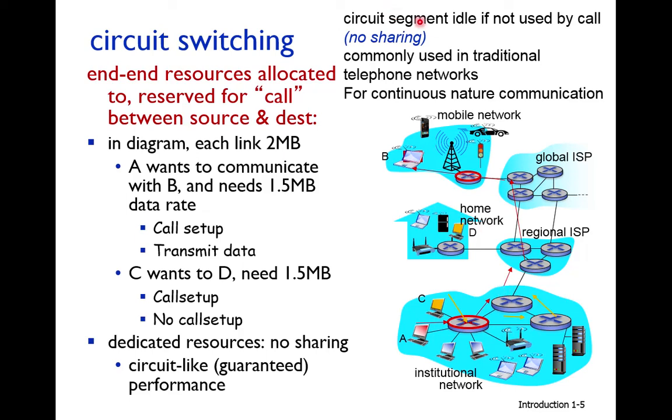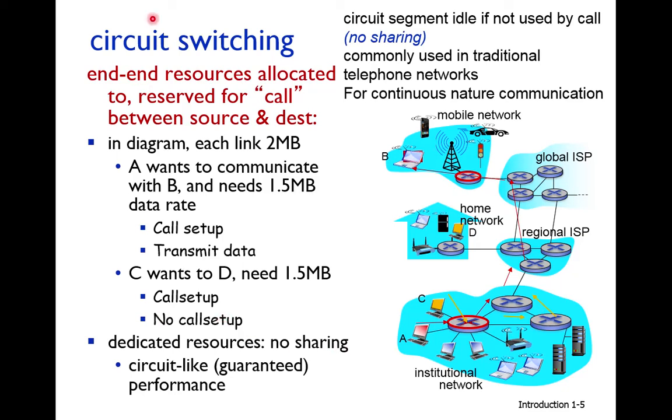So the circuit segment is idle if not used by a call. Although this link is reserved for A to B, A and B are not sending data, so it will be idle, but it is reserved. Reserved means that it cannot be allocated to anyone else. So this is the circuit switching technology.